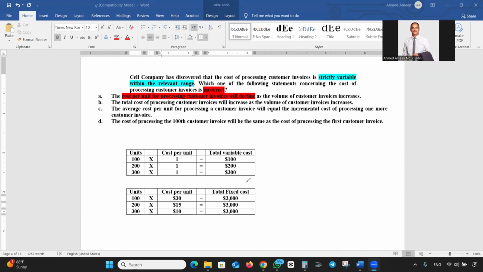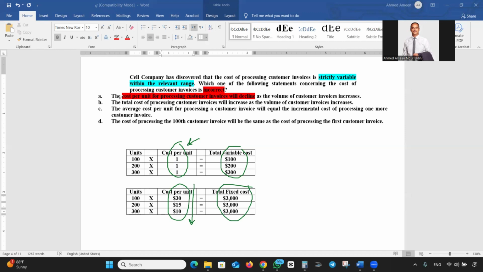So whenever he is telling us that the cost per unit declines, he is talking about fixed cost, not variable cost, because the variable cost per unit will not change. The variable cost in total changes, but per unit does not change. The fixed cost as a total will not change, but per unit it declines.